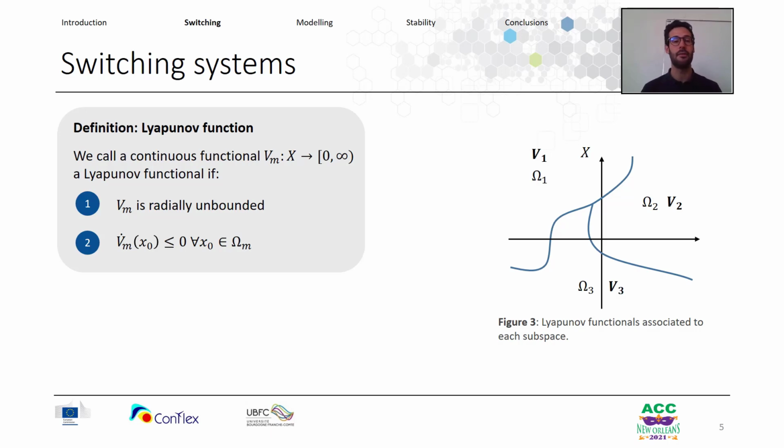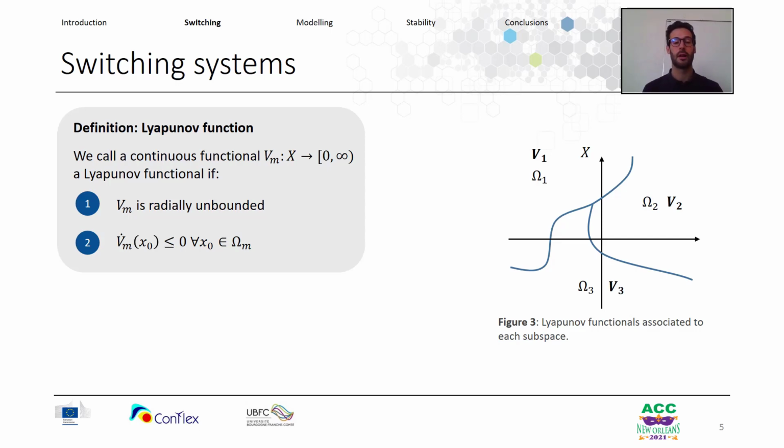That means that if the norm of the state goes to infinity, the functional also has to go to infinity, and secondly, the time derivative along solutions of this Lyapunov functional must be non-positive for all the states belonging to the same subspace to which this Lyapunov functional is associated.